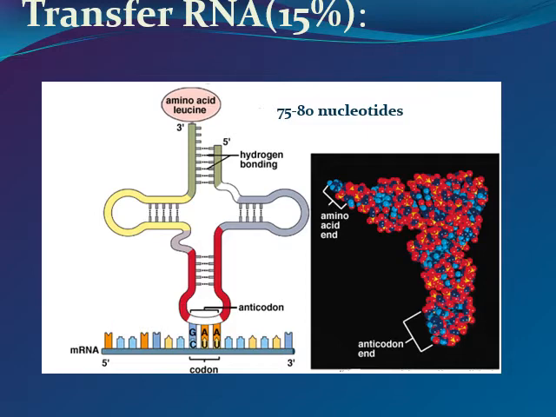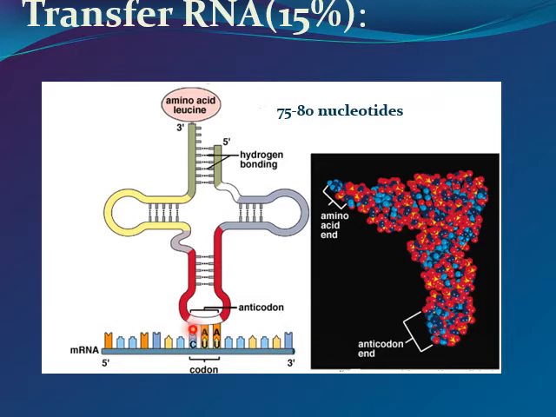tRNA, or transfer RNA, is also called adapter RNA, because it is a much smaller molecule of RNA. tRNA is made up of a single strand of RNA consisting of about 75 to 80 nucleotides, twisting and folding upon itself to form double-strand regions.